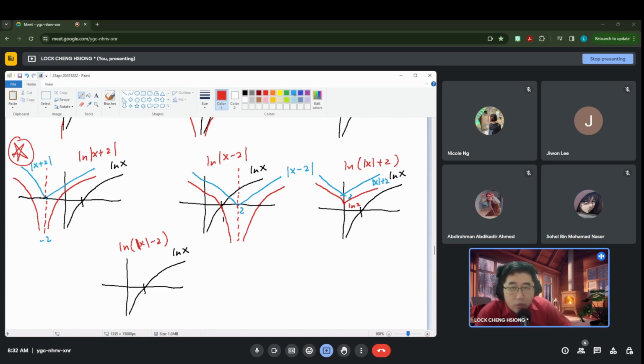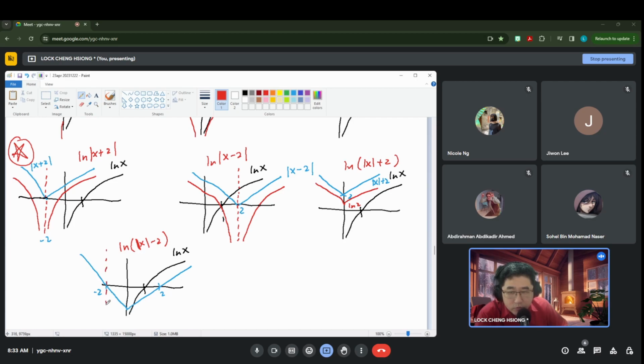So what if I have a ln of modulus x minus 2? It becomes the graph that actually looks like this, at negative 2 and 2. This is the two parts that are touching the x-intercept.